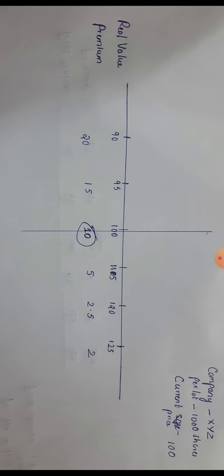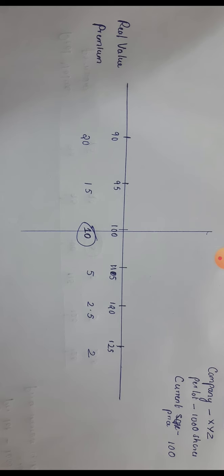Earlier we saw that this real value is the future value. This is an earlier example which I used for previous training, so we can use that. If it is Sun Pharma, what is the real value of that future? 535, right?